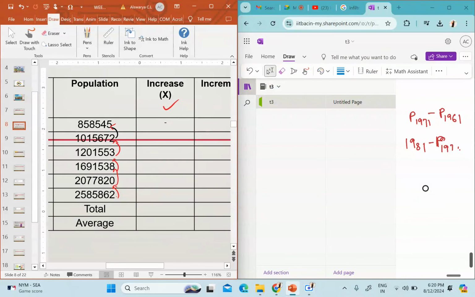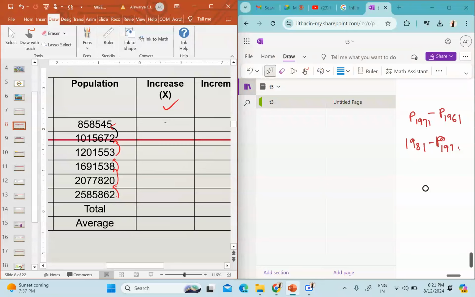So did you find it? Got it? I will write the numbers here.